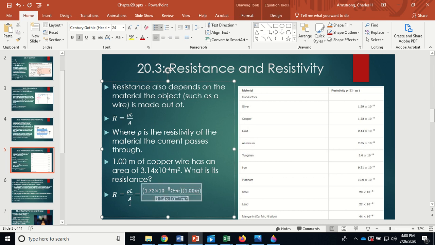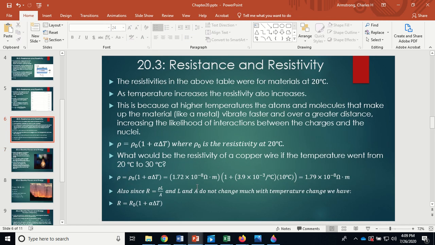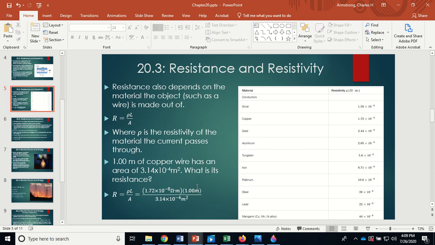Then your resistivity for copper you've got right there, 1.72 times 10 to the minus 8. We don't have an answer there, I don't know why I didn't put one down. That's all you do: you take that number times that number divided by that number, and you'd have the resistance of that wire.